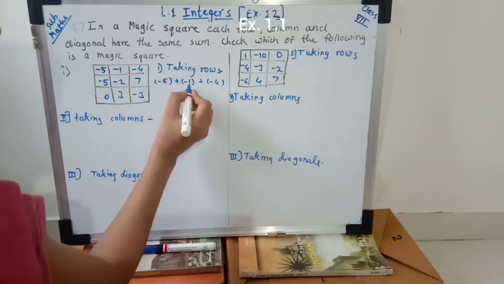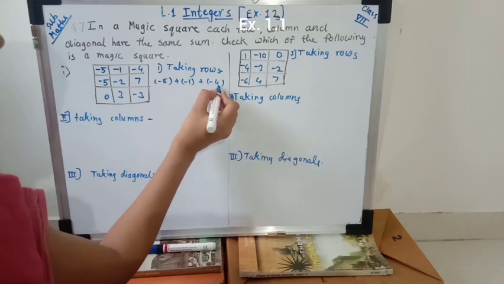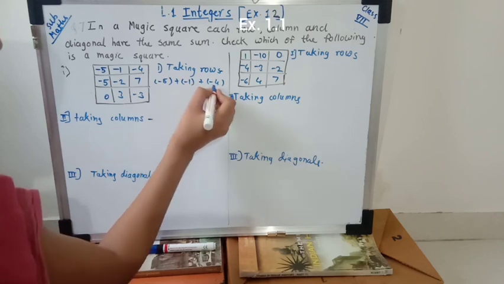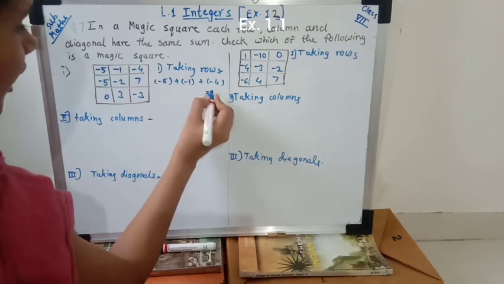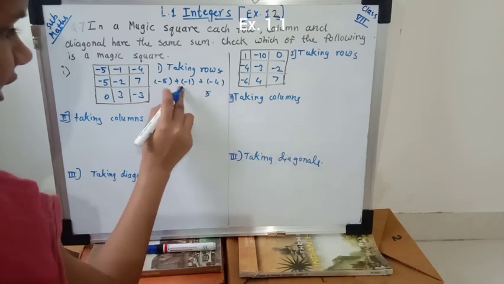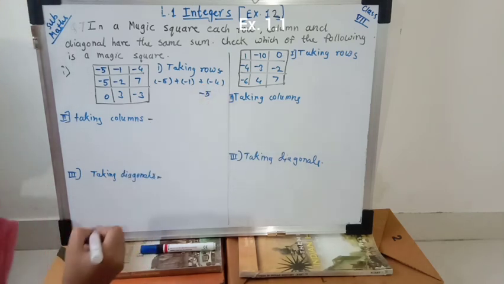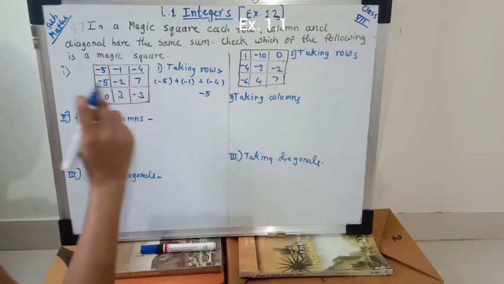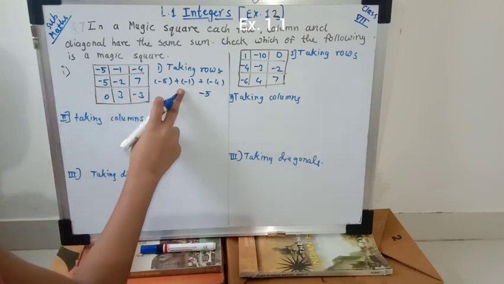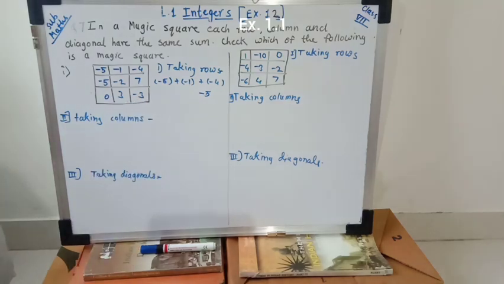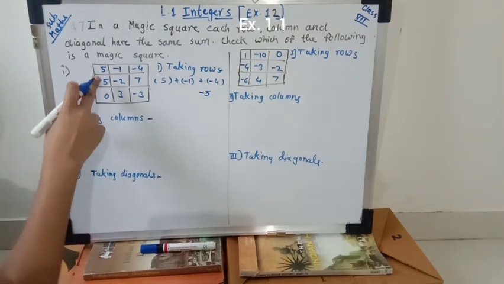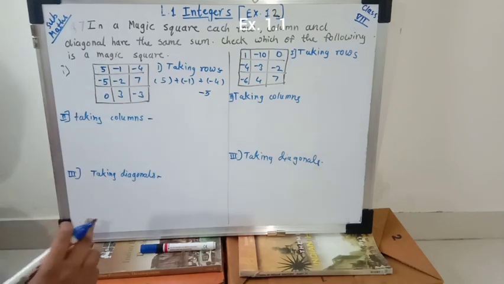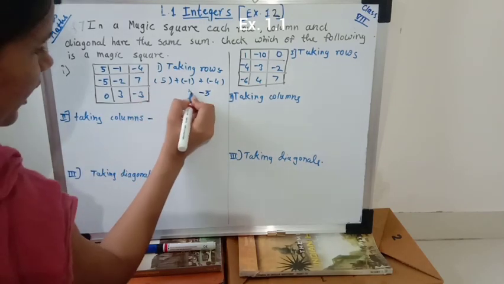Let's do the addition. 1 plus 4 is equal to 5, and 4 is the greater number, so give the sign of 5. Sorry, in the first row only 5 was there, so write down this 5 as it is.